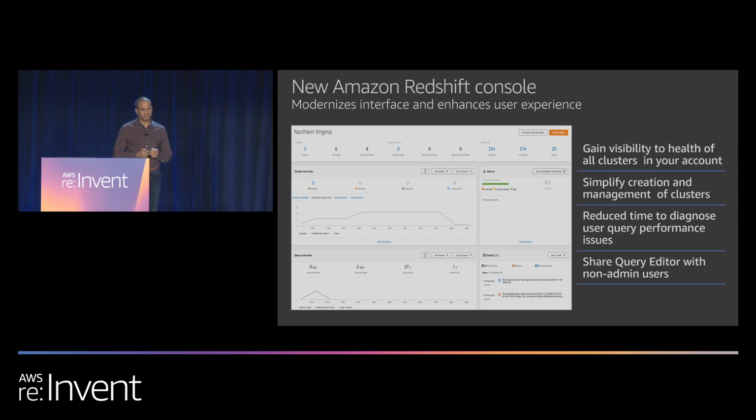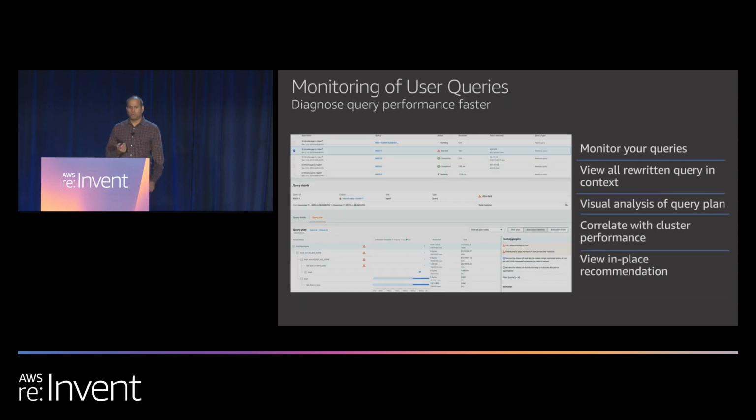Over the last month, we also launched a new Redshift console, and this makes managing your Redshift easier. If you have multiple Redshift clusters, the new console consolidates information from multiple clusters into one view. So you can, in a quick visual way, identify what's going on across multiple clusters. It also has good query monitoring, so you can drill down on a given query. Let's say a given query is running slow.